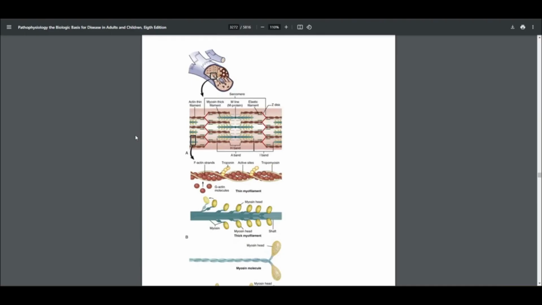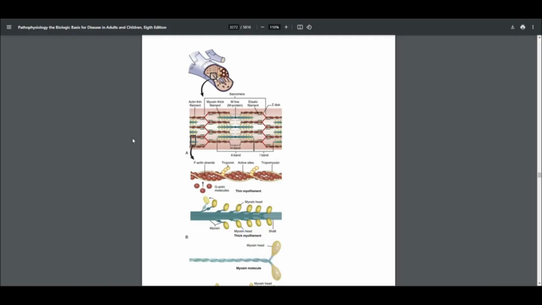So here we can take a look at a sarcomere. It's actin thin filaments, your sarcomere, your myosin thick filaments, your M-line or M proteins, your elastic filament, and Z-disc. You also see an H-band, an A-band, and an I-band.